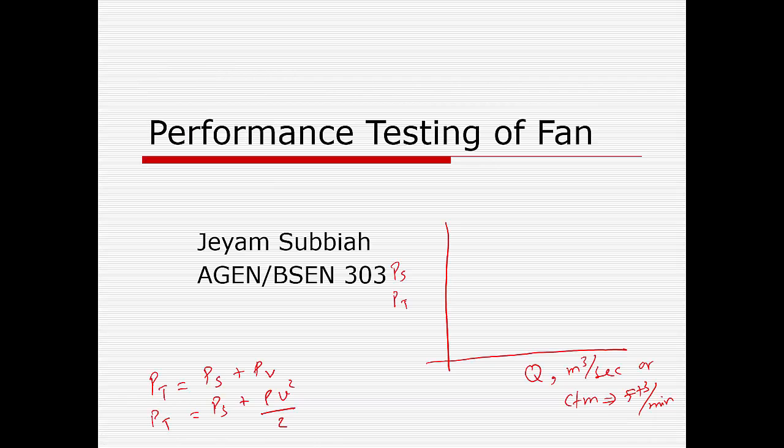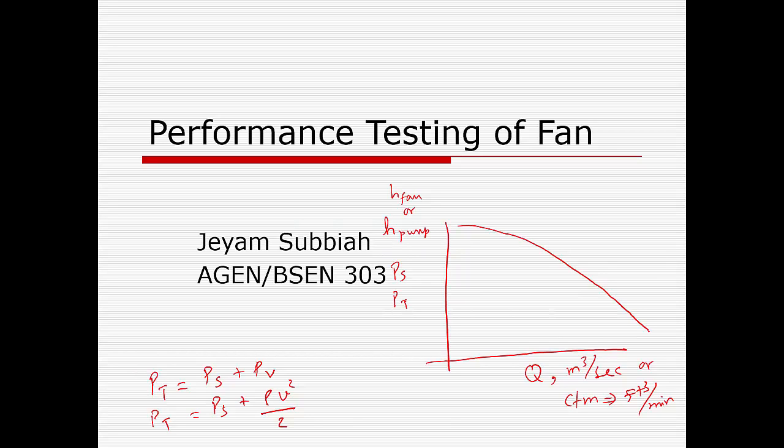So this is the head provided by the pump to overcome the friction and any elevation requirement, any increase in velocity energy or any increase in the pressure. This is the one in the Bernoulli's equation also, where we had the head of the pump or head of the fan. And typically the fan curve looks like this.